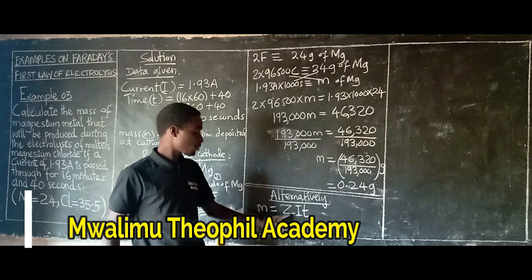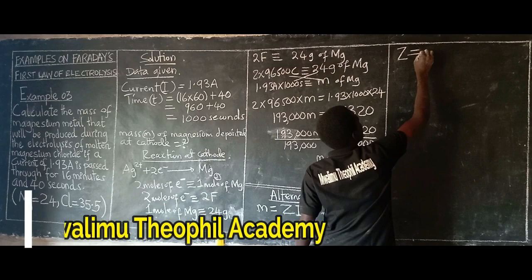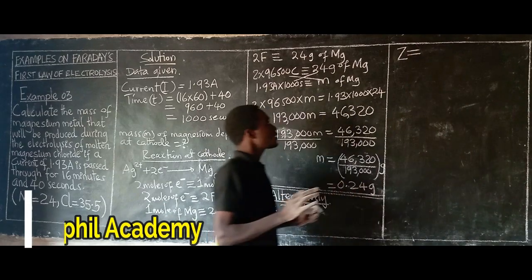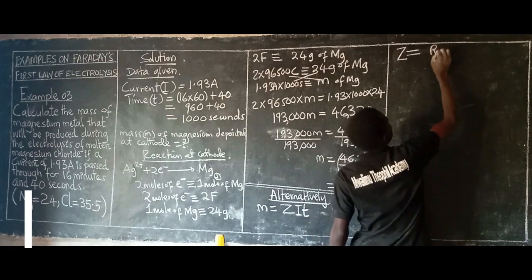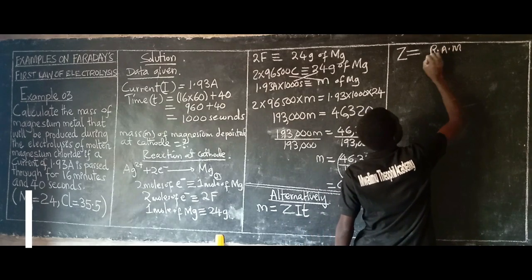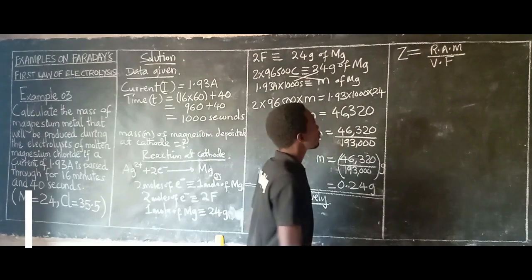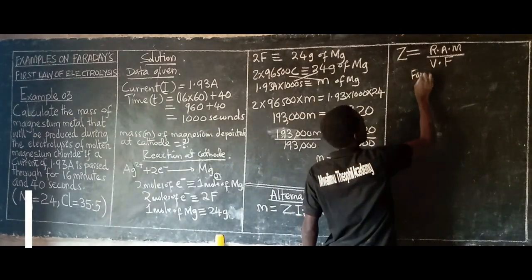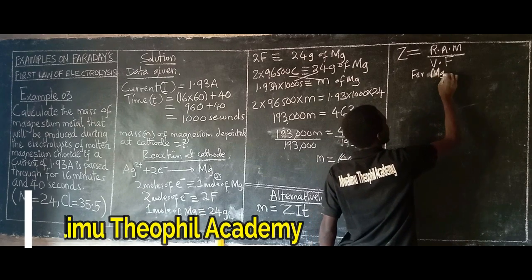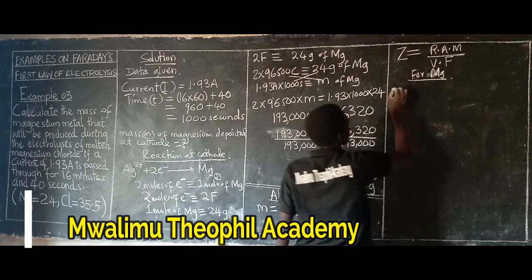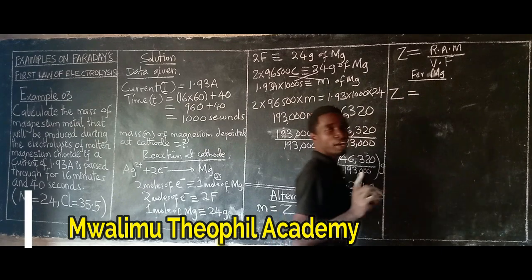To calculate Z, the electrochemical equivalent of any element is equal to relative atomic mass over valence times Faraday's constant. So for magnesium, if we are looking for magnesium, the value of electrochemical equivalent will be equal to its relative atomic mass.